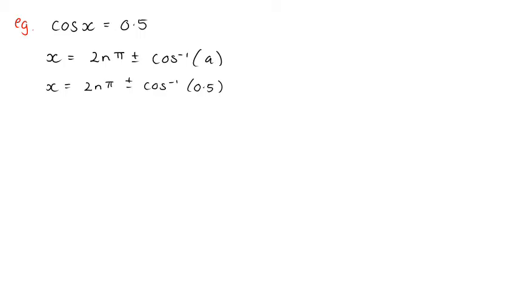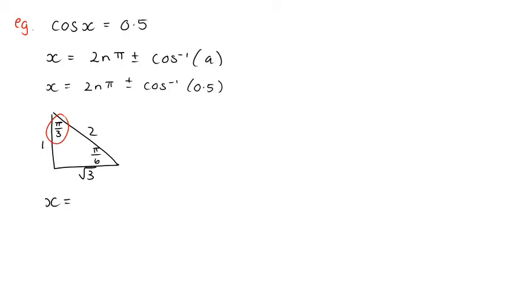Root 3 is opposite pi on 6, 1 and 2. So we need 1 over 2 when it's adjacent over hypotenuse. Adjacent 1, hypotenuse 2. So it's pi on 3.